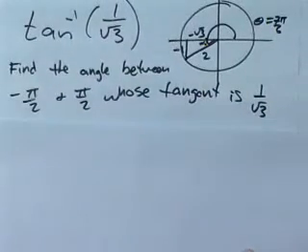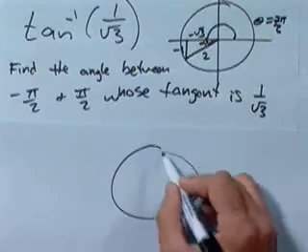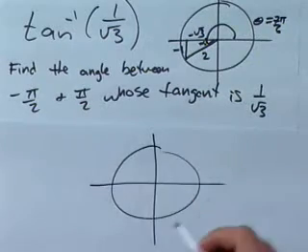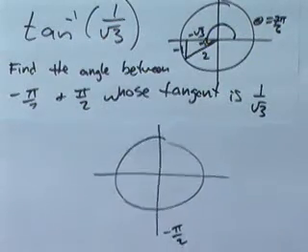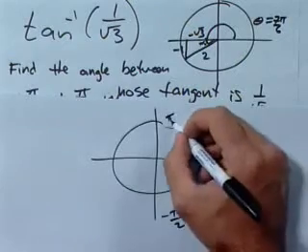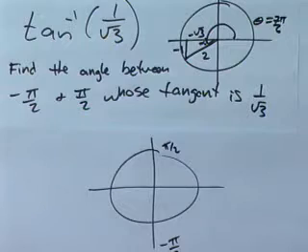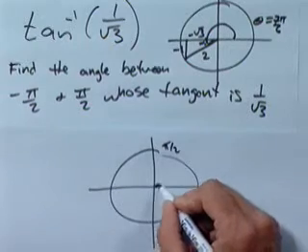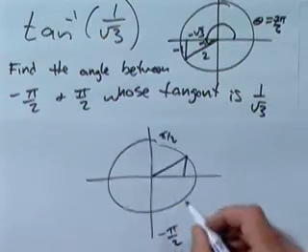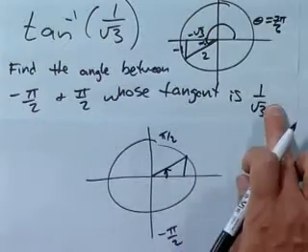So let's draw a circle. I'm looking for an angle somewhere between minus pi halves and pi halves, okay, whose tangent is 1 over root 3. Well, that has to be some angle in this interval because I have a positive value.